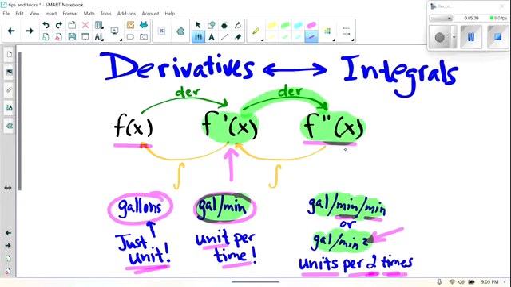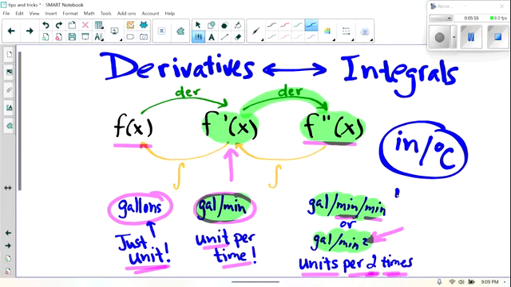Sometimes your unit, let's call it, I don't know, inches, might not be per second. Sometimes they say per degree Celsius, or vice versa. That's really rare. But I think you know that this is a rate. This would be the original equation, and inches per degree Celsius squared would be the second derivative.